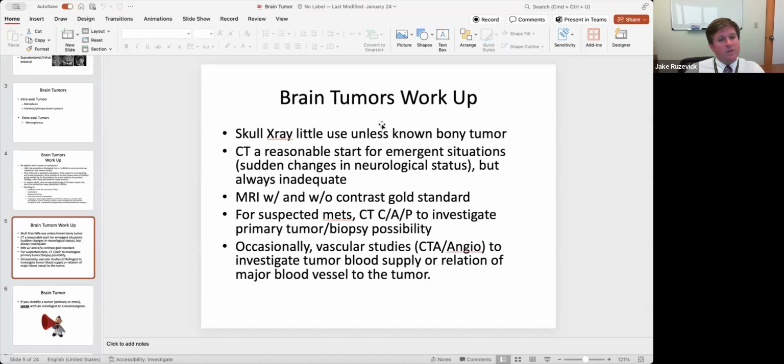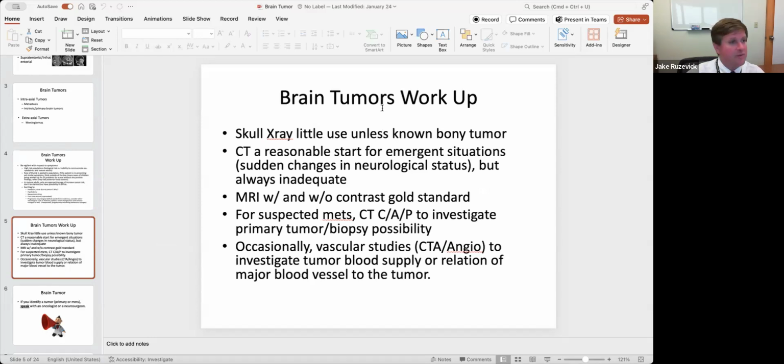In terms of the imaging for brain tumors, a CT scan is generally a really good screening exam. It gives you a 10,000-foot view. You can see things like edema. You can see if there's a mass lesion present, but it doesn't give you the full picture. So start there.